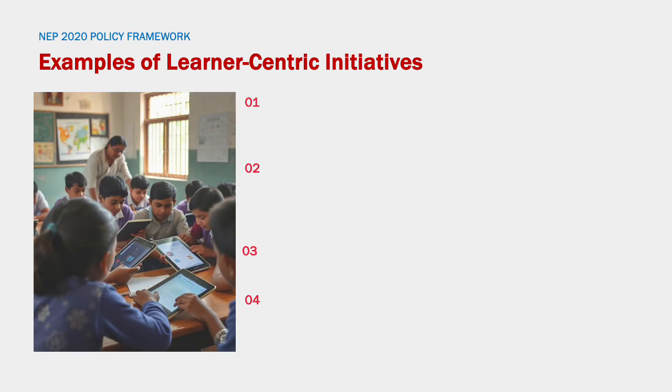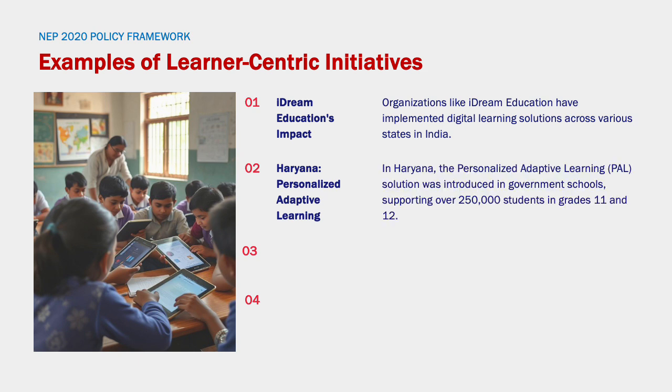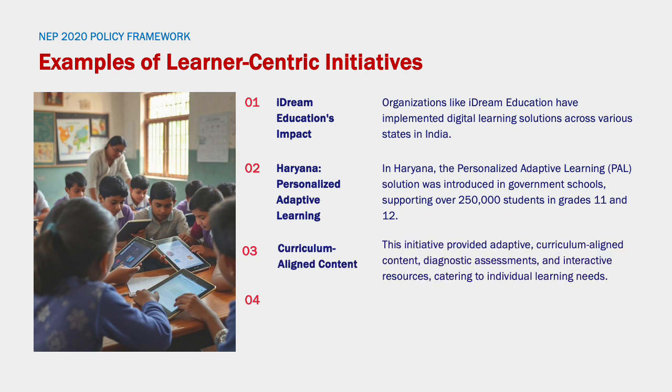Here are some examples of learner-centric initiatives. The I Dream Education's impact. Organizations like I Dream Education have implemented digital learning solutions across various states in India. In Haryana, the personalized adaptive learning solution was introduced in government schools, supporting over 2 lakh students in grades 11 and 12.